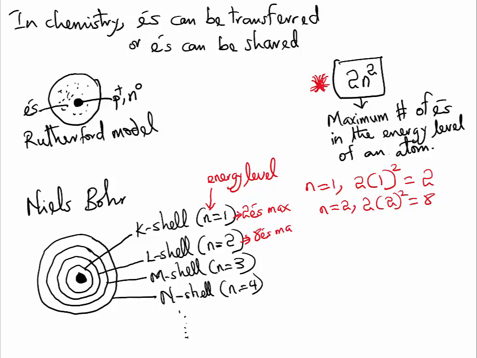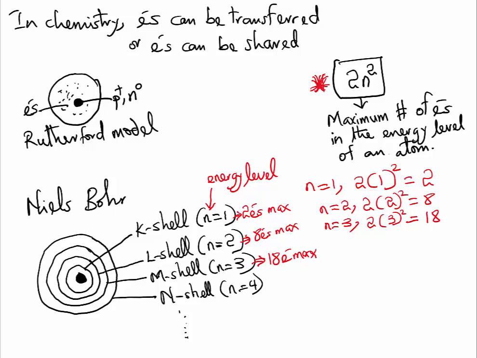You cannot have more than that in the L shell. When n is equal to 3, you have 2 multiplied by 3 squared, and that is going to work out to 18. What that means is that the M shell can hold a maximum of 18 electrons.